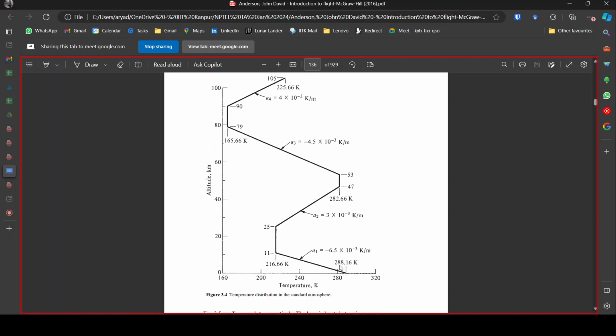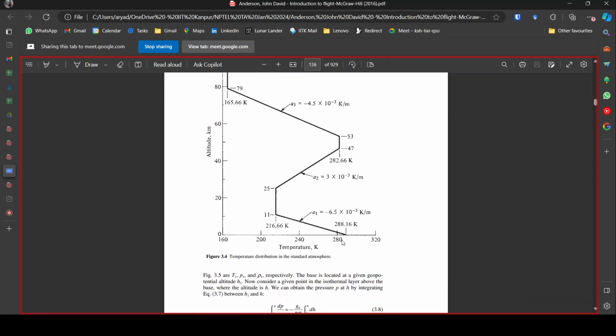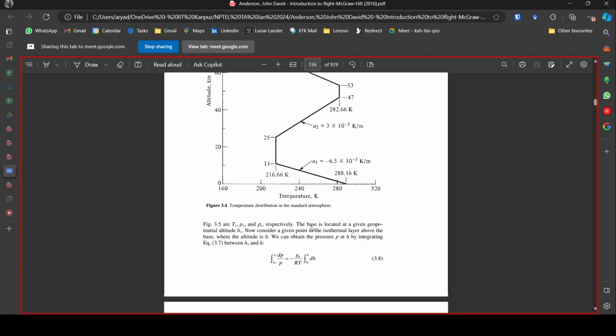So the temperature does not always decrease. Till 11 kilometers it decreases, but from 25 kilometers it increases again. Then from 53 to 79 kilometers it decreases. But when we are talking about civilian aircraft, we are restricted to the troposphere only, so below 11 kilometers. In that case, we are in a gradient layer and the temperature is decreasing.